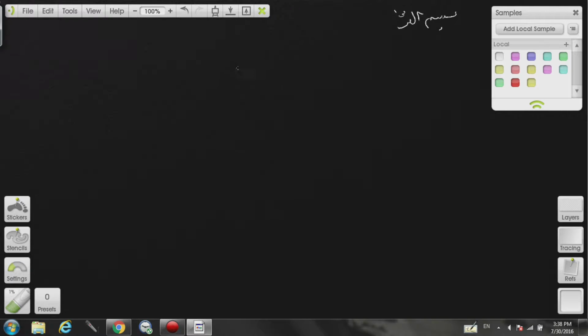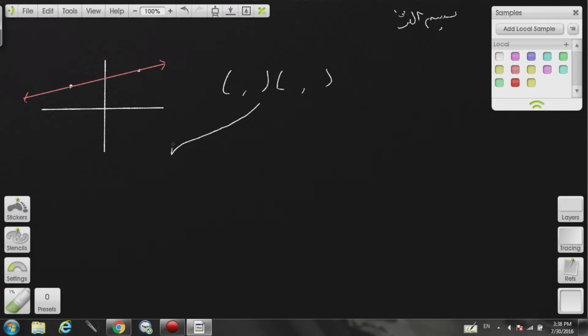Also, as a review, if you are given 2 points that are on a line, and you want to find the equation of the line that goes through those 2 points, there are 2 ways of doing this.